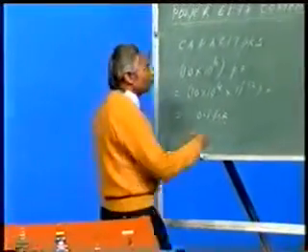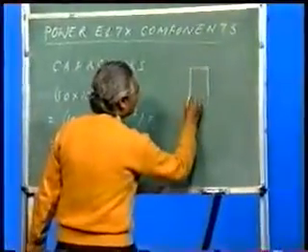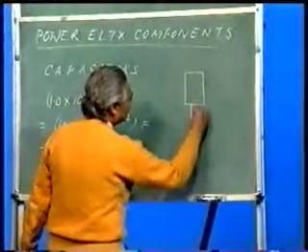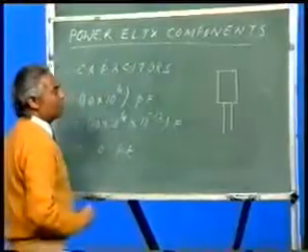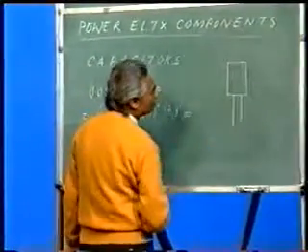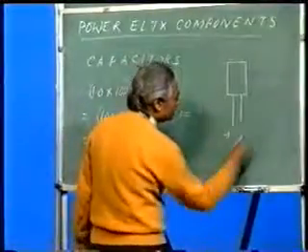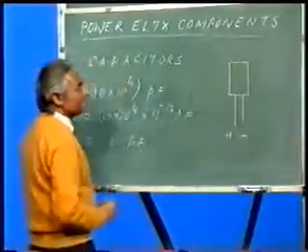So usually you will find it like this. The two terminals are coming out like this. One is a longer terminal, the other one is a shorter one. So now usually you will have the longer one as positive, the smaller one as negative.